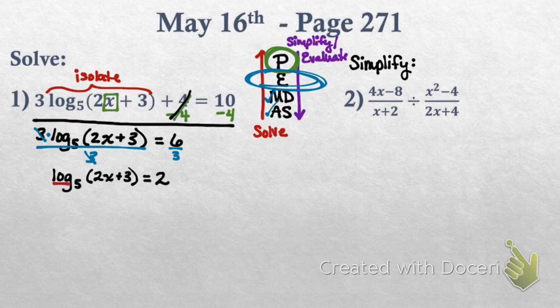What have we drawn when we see a log and we're trying to solve it? Triangle. So let's draw our triangle here. And you guys just told me a moment ago that the base on this log is what? 5. What's the argument on this log? 2x plus 3. That goes down here on the bottom.